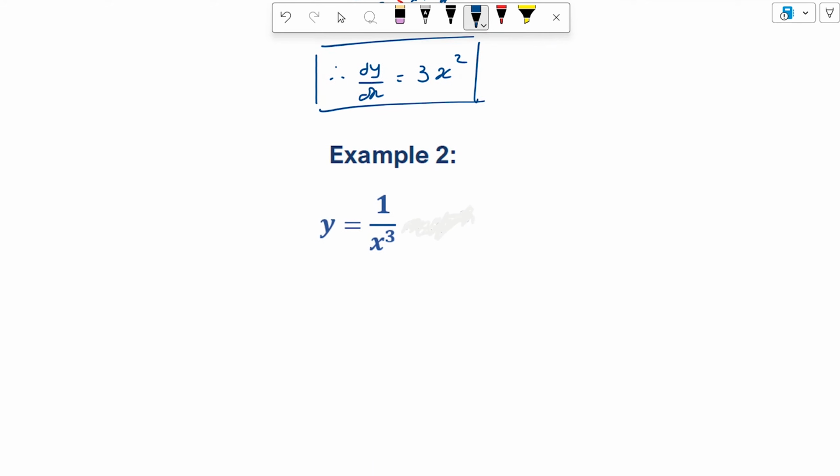Okay, moving on to example 2, something a bit more tricky. This time we have a fraction. Imagine we have 2 over 5. 2 is what you would call the numerator, and 5 is what you would call the denominator.